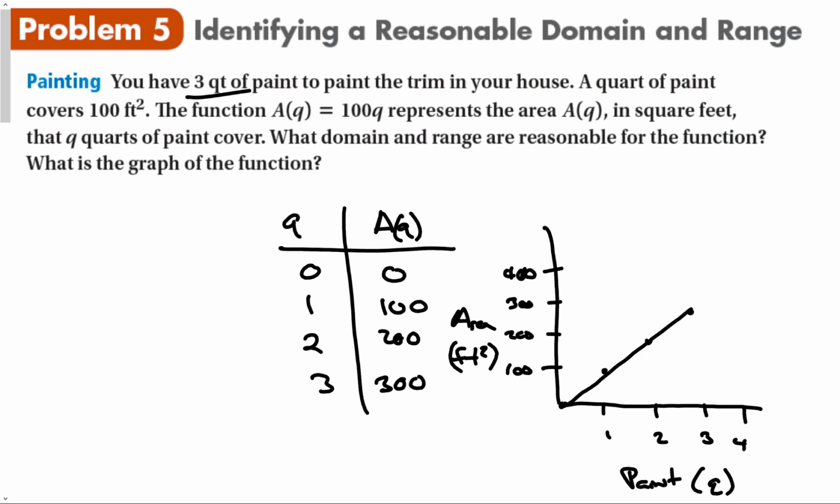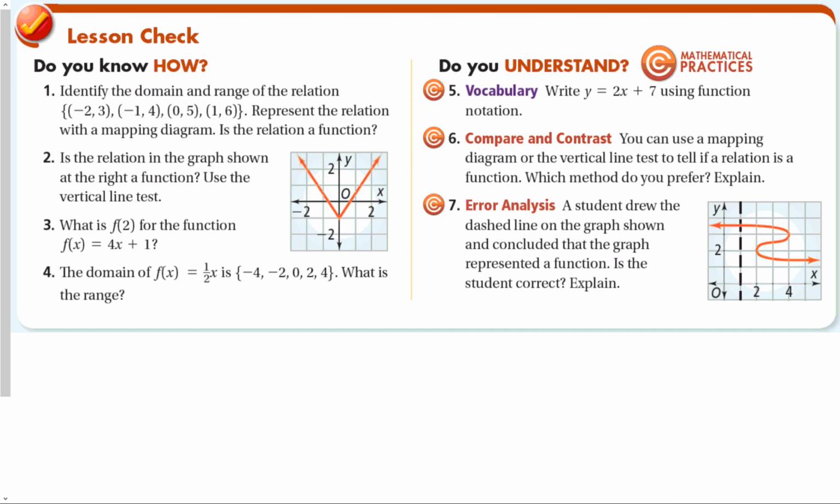So this graph stops right there. Okay. So in this case, right, there was an upper limit. You cannot have any more than 3, like I put on the graph, but you can have 0, 1, 2, or 3. Or if you need more, then you go to the store and buy it. Anyway.